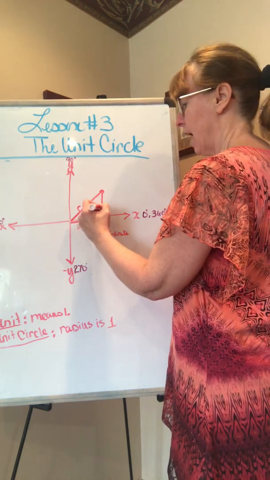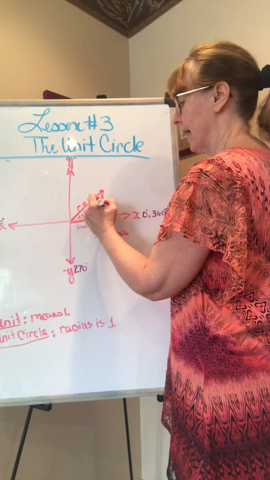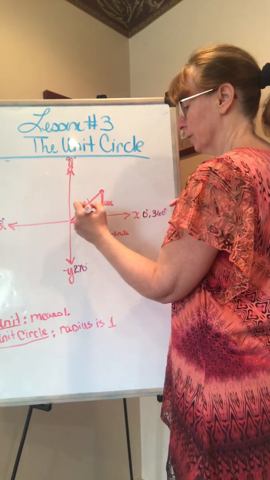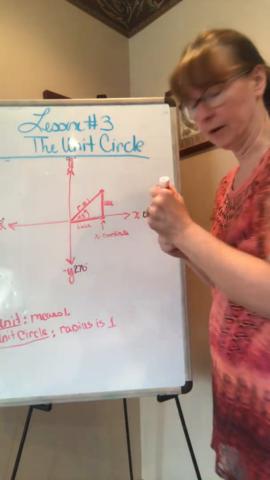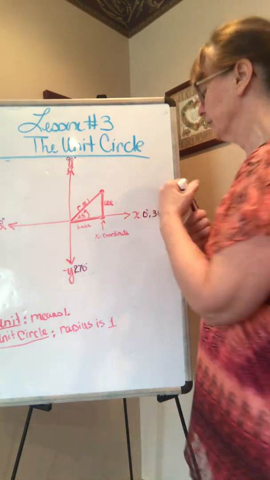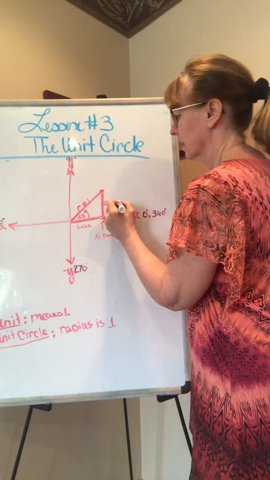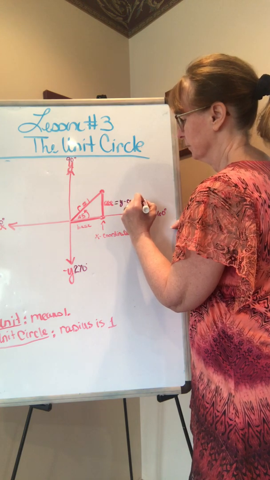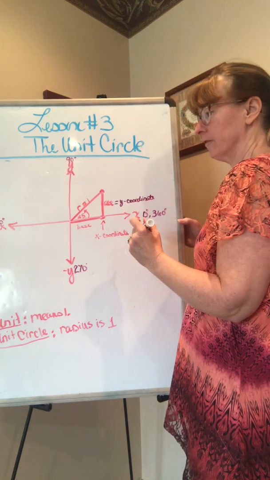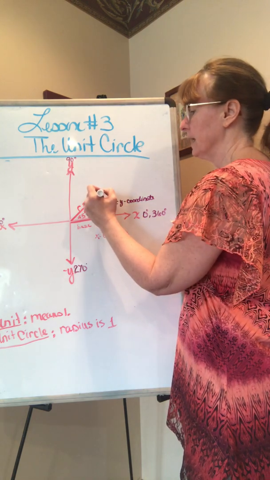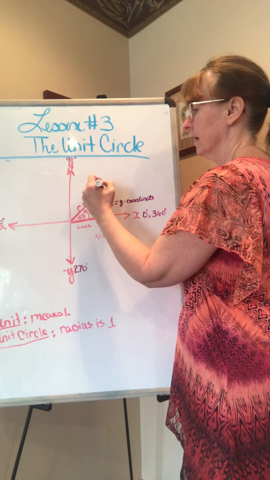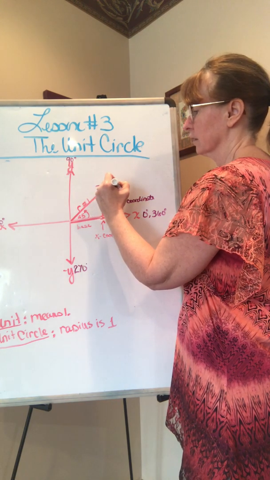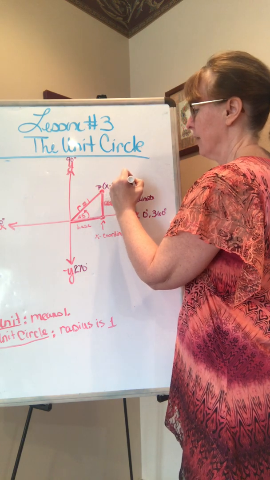And however high I went up, this is now my altitude. And this altitude is equal to my y coordinate. And if I'm on the unit circle, this point P that I just made would come from the x coordinate and the y coordinate.